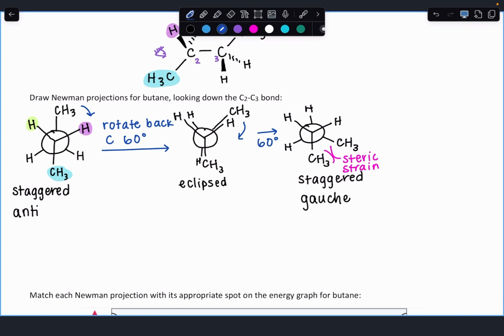All right, let's do it again. Another rotation of the back carbon, 60 degrees. You all draw what that looks like.